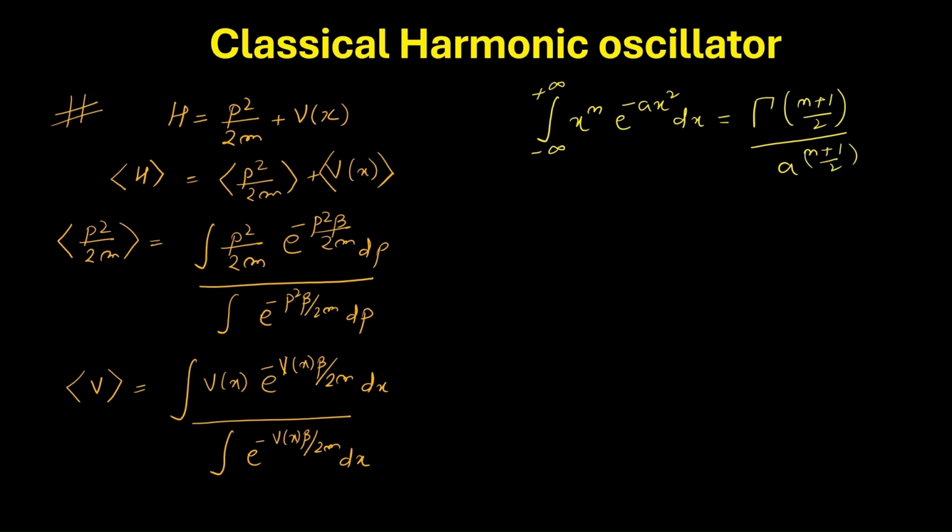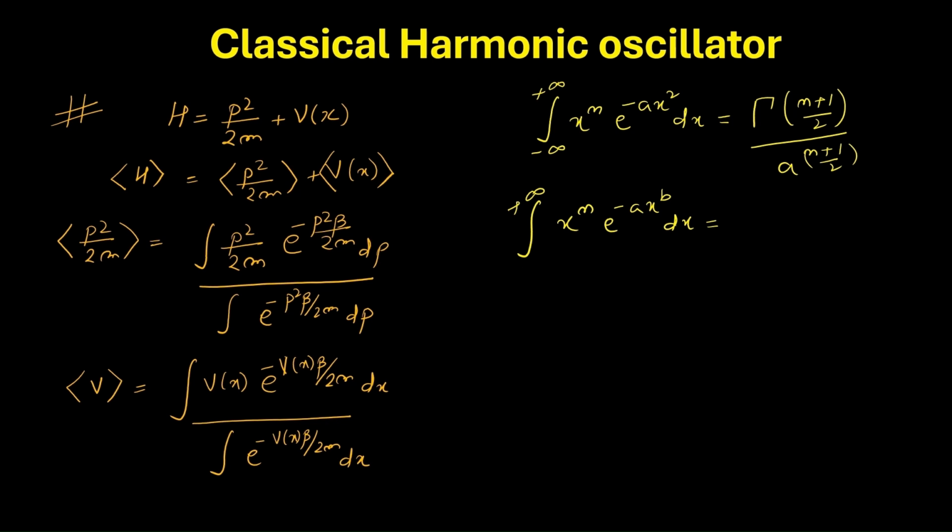And sometimes they might give a nonlinear oscillator where the potential term might have x to the power 4. So in that situation, you can use a more general formula, integration from 0 to infinity, x to the power n e to the power minus a x to the power b dx.